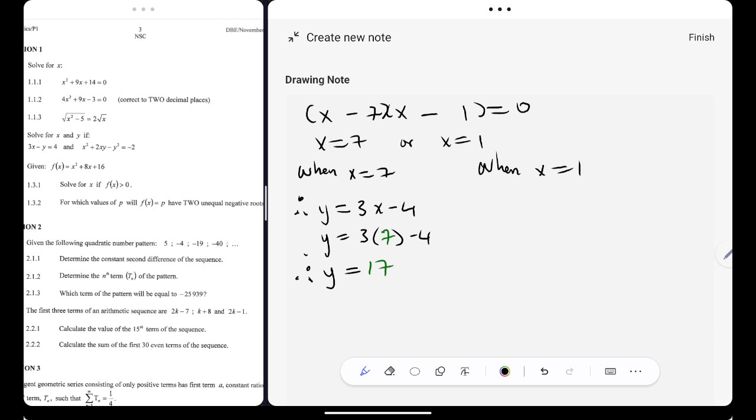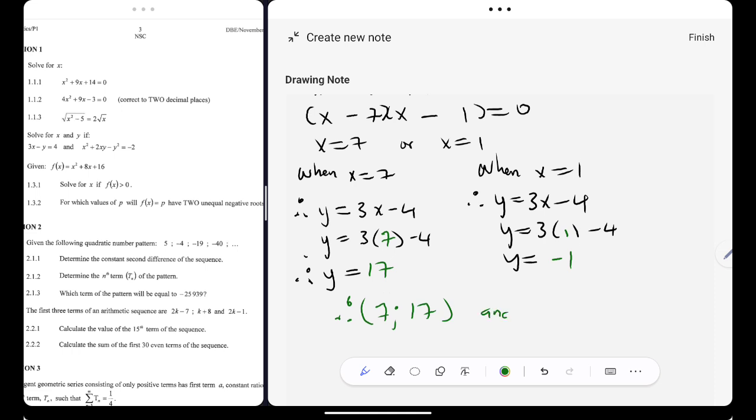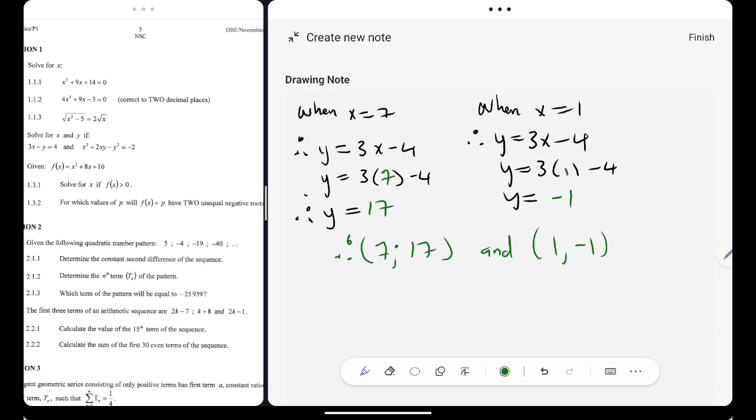Now when x is 1, I can therefore conclude that y is equal to 3 multiplied by 1 minus 4. I'll get a negative 1. So therefore, when x is 7, my y value is 17. And when x is 1, my y value is minus 1. This is how you solve for x and y simultaneously.